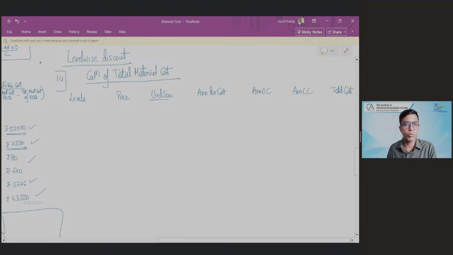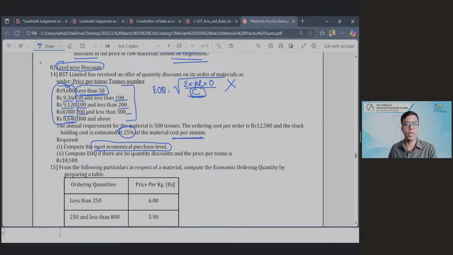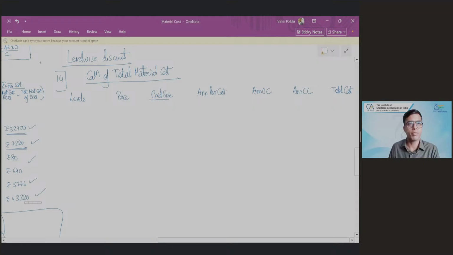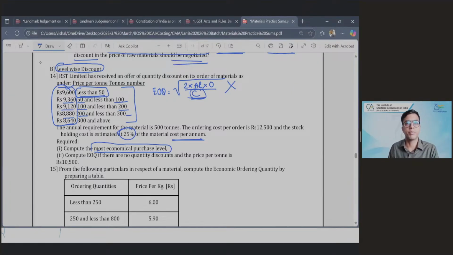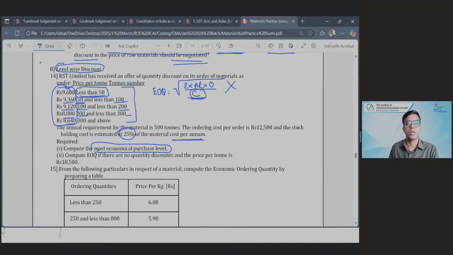Now, what is interesting to note here, students, see how the levels are given as less than 50. What is less than 50? I have to convert it to a level. So the level will be, second is 50 but less than 100. Then 100 to 200.